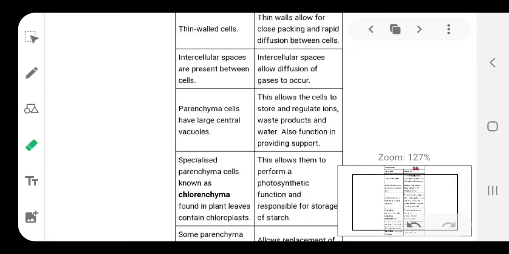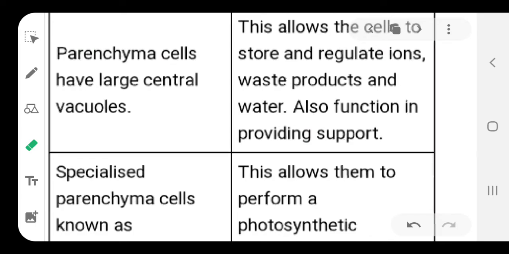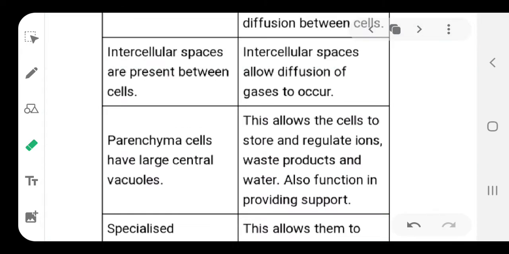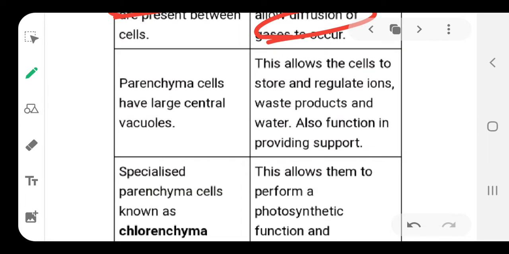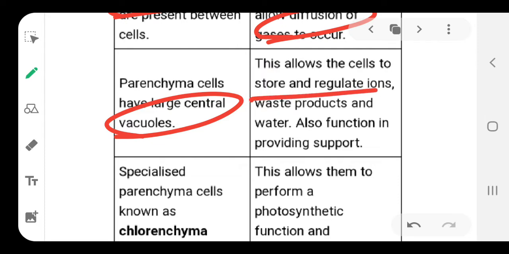Then, the second point: intercellular spaces are present between them, and they allow the diffusion of gases. Then the cells have a large vacuole, which allows the cells to store and regulate, underline the two words, store and regulate, ions, waste products and water. So, put this point in your reference.